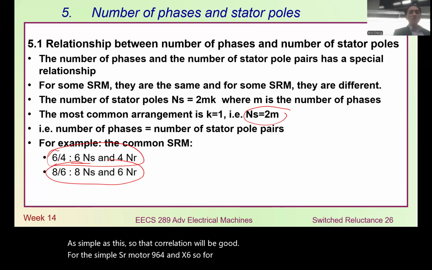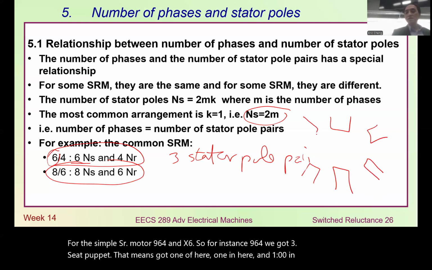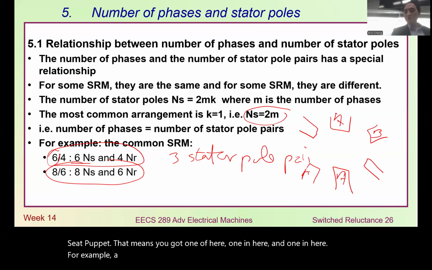For instance, in 6-4, we have 3 stator pole pairs. That means you have one here, one in here, and one in here, for example A dash, B dash, and C dash. So that's a pole pair.